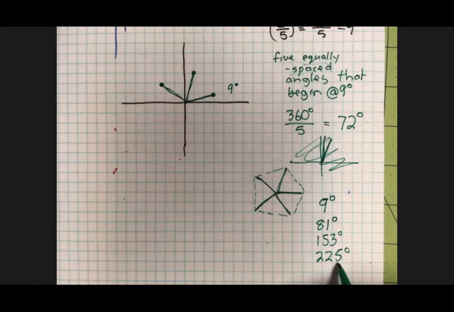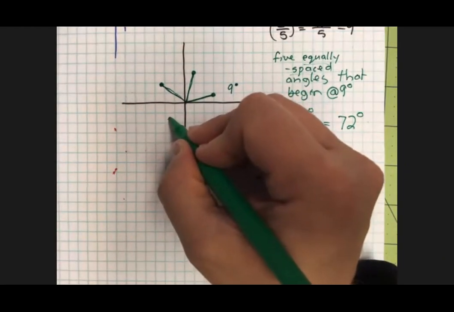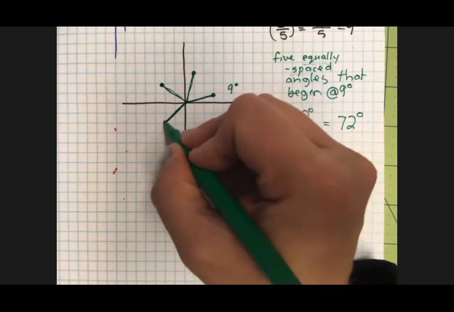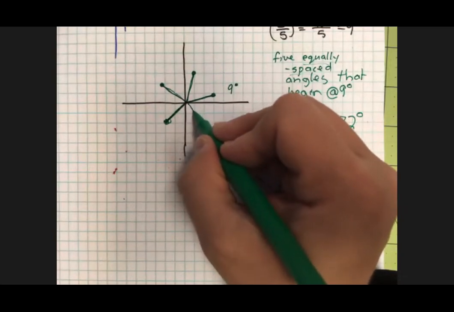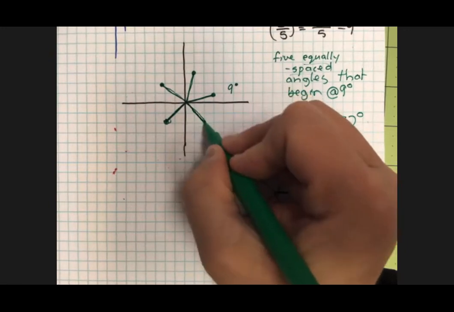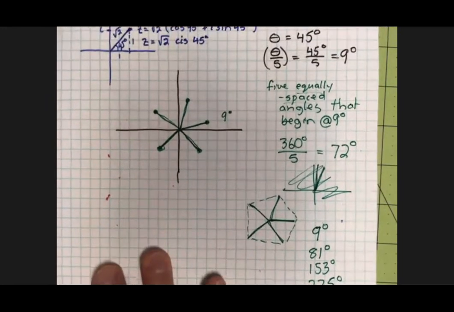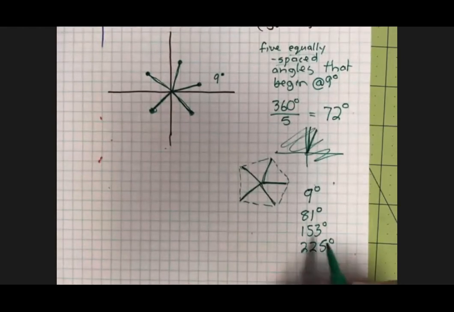That's famous because it's 45 past 180. So that one should be easier to draw. I'll make something that's exactly 45 degrees past 180. I've got to do one more angle, split the difference here, come in about right there. I don't think I drew those perfectly equally spaced. But what's 72 plus 225? What do you guys say? 297?